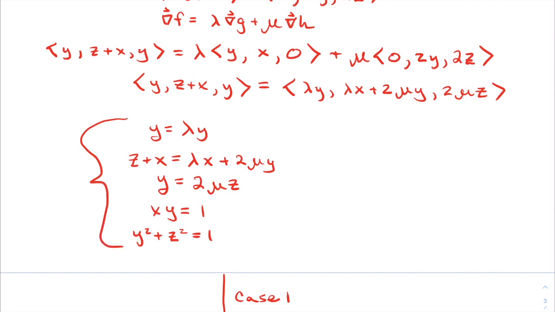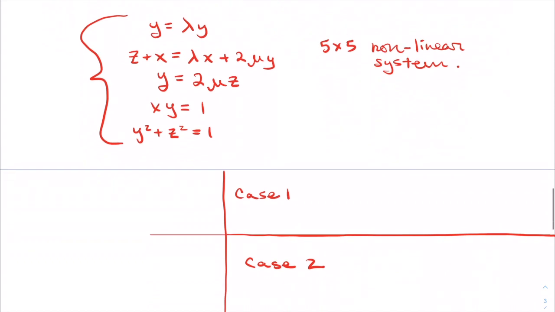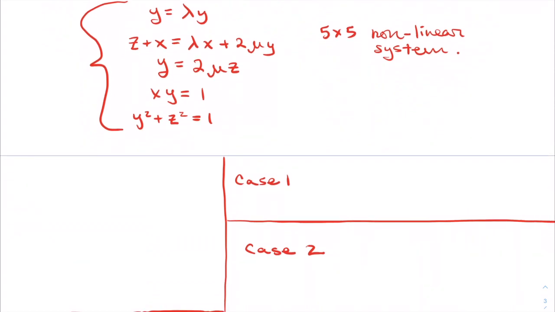This is 5 equations and 5 unknowns, a 5 by 5 nonlinear system. And those are always fun. Generally speaking, it's nice to look at the simplest equations, and especially if there's something you can get 0 on one side and factor with the other side. That's probably the best way to go.